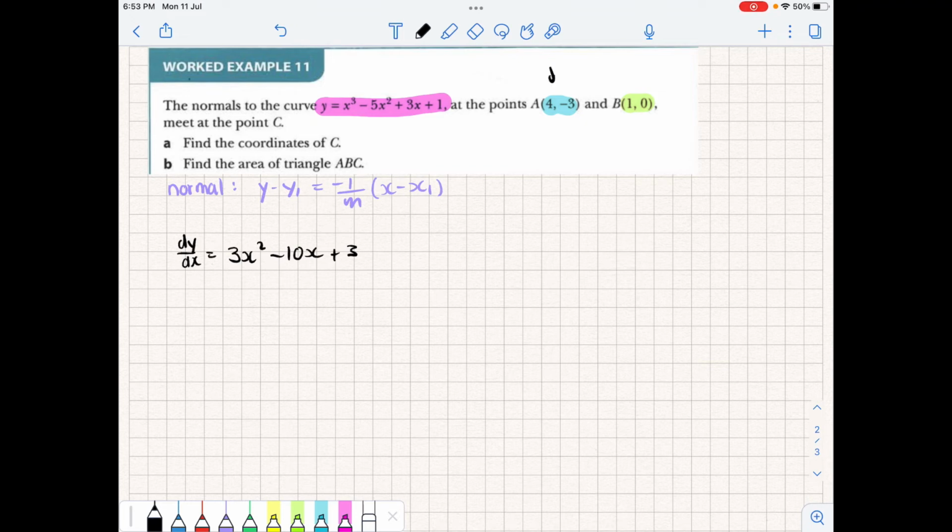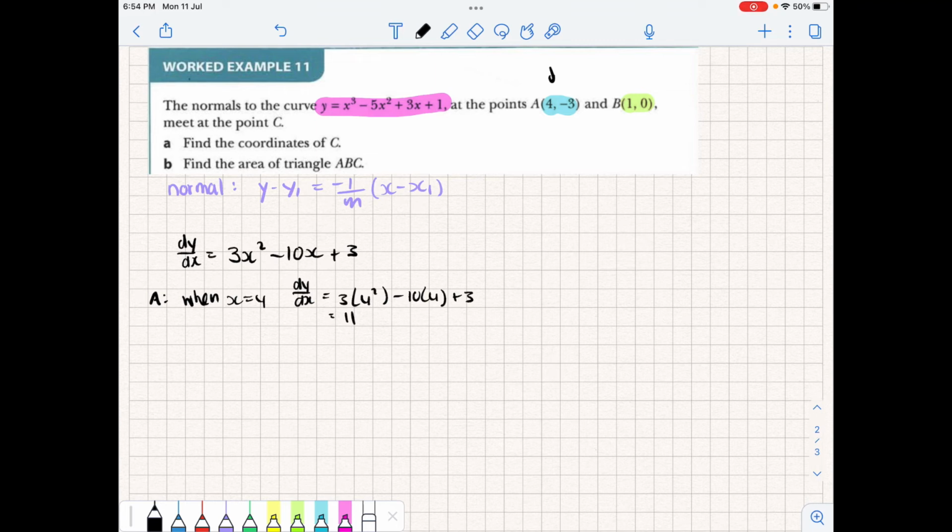So we'll start off with point A first. At point A, the x-coordinate is 4. So when x is equal to 4, the gradient is equal to 3 times 4 squared minus 10 times 4 plus 3, and we'll get 11.